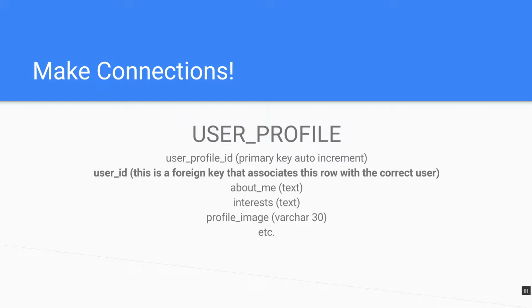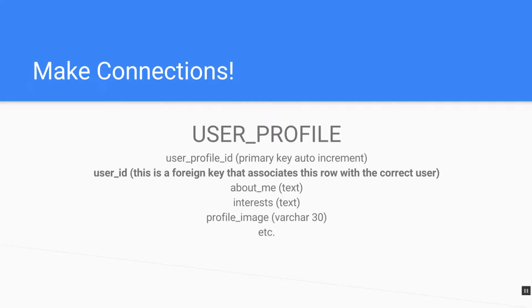But we're also going to want to put a row in the user profile table. But how do we associate those tables together? We do that using a foreign key. So you'll notice I still have my primary key here, user profile ID, but then I've put a second one called user ID. Okay, and this associates this record with the correct user from my user table.